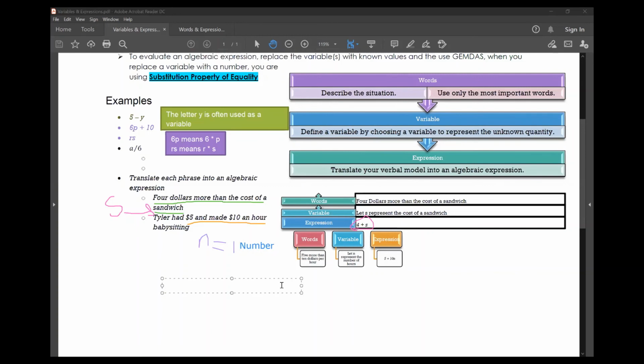Then, again, let's follow the order of operations. We're going to do 5 plus 80, and the new total is going to be 85. So he will make $85 if he babysits for 8 hours.